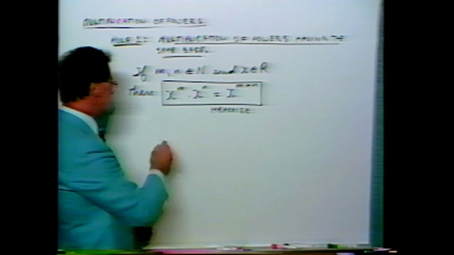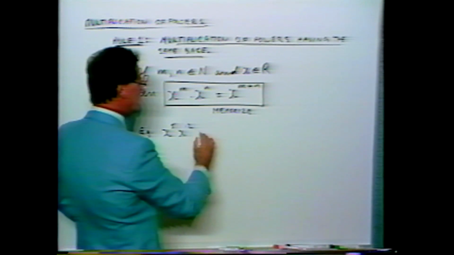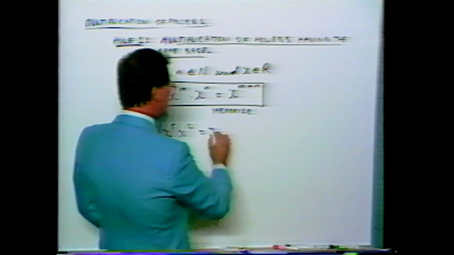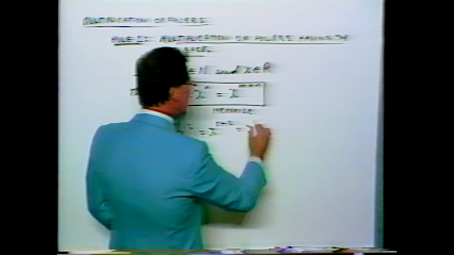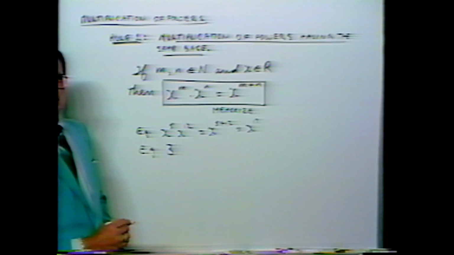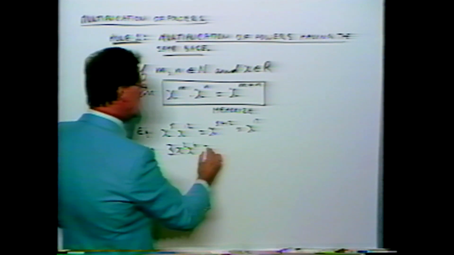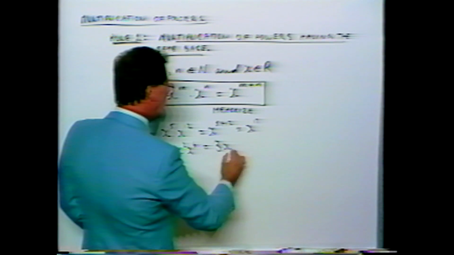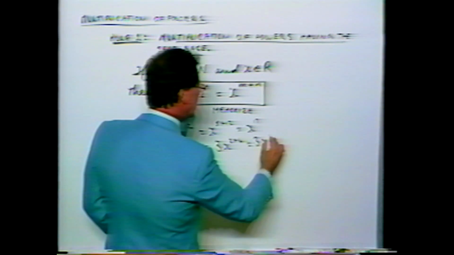Here are some examples. x to the 5th times x to the 12th is equal to x to the 5 plus 12, which equals x to the 17th. Another example, 3x squared times x to the 6th is equal to 3x to the 2 plus 6, which is equal to 3x to the 8th.